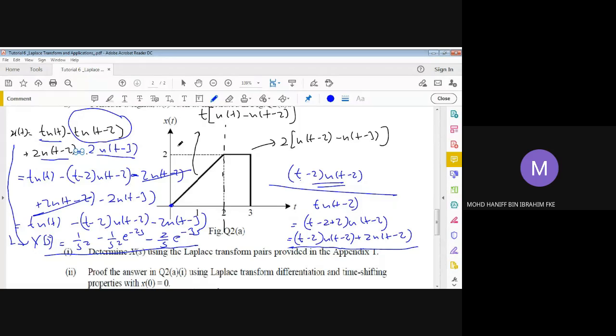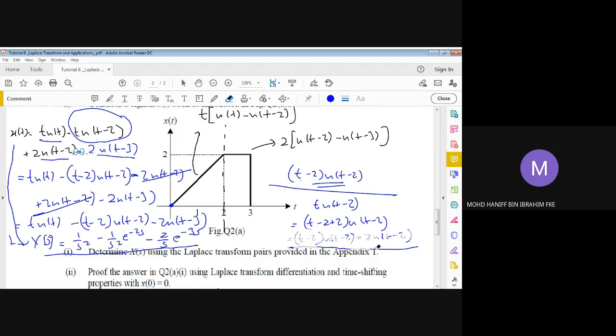But for this second part, we need to differentiate x(t) first, because it's given here that we need to use Laplace transform differentiation and time shifting properties. So question 2 is just to prove that by using this technique, we can also get the same answer as part 1 just now. Okay, so let us proceed with the solution for part 2.